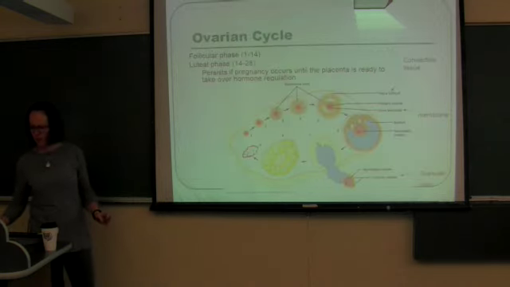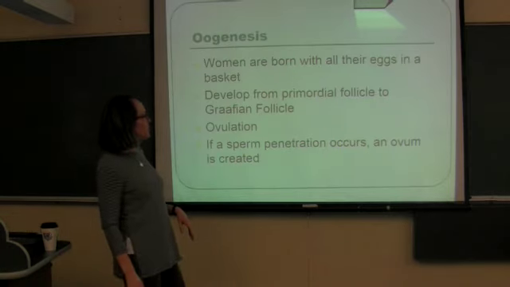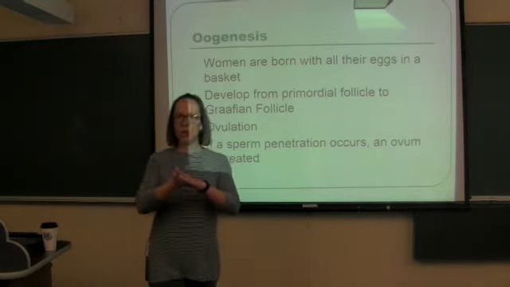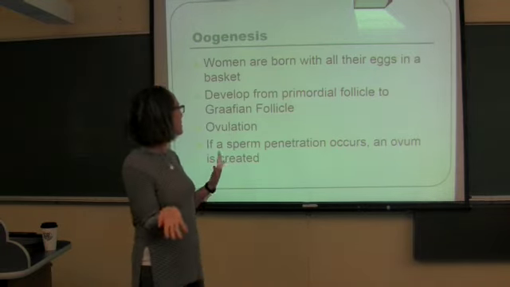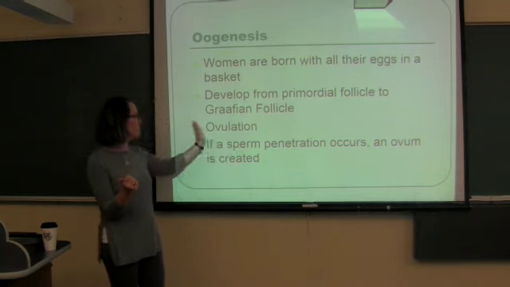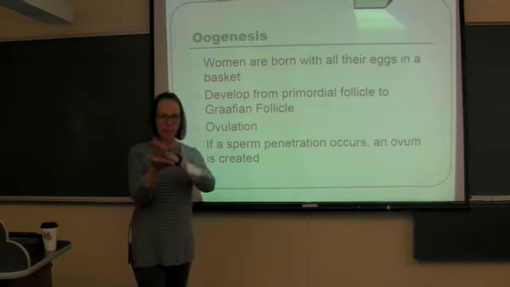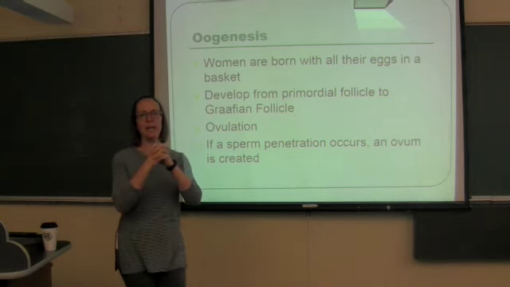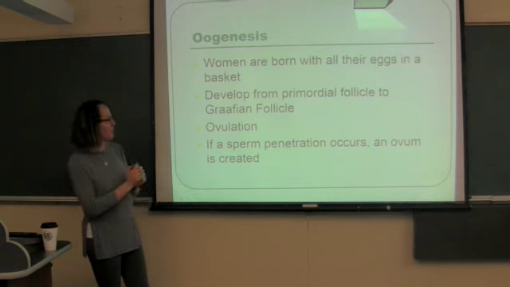Okay, so oogenesis is going to be the development of that chosen oocyte for that cycle, okay? And we went through those steps already, from primordial to Graafian, which would be mature. Graafian and vesicular mean the same thing from that previous slide. It's the later secondary oocyte, okay?